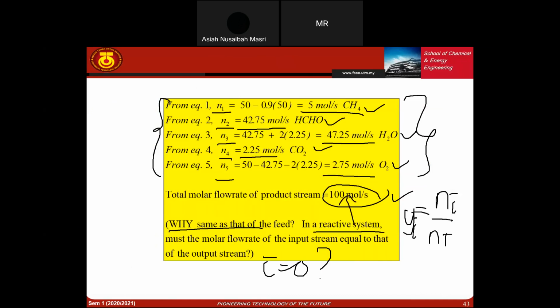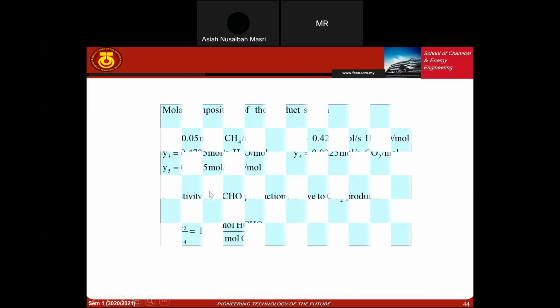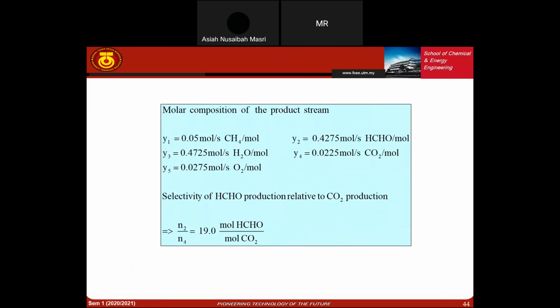That will be 5 over 100, which is 0.05. Now we can do the same for all to get the molar composition for all. So here we got Y1, which refers to CH4, is 0.05, Y2 for formaldehyde, Y3 for water, Y4 for carbon dioxide, and Y5 for oxygen. So we answered the first question.